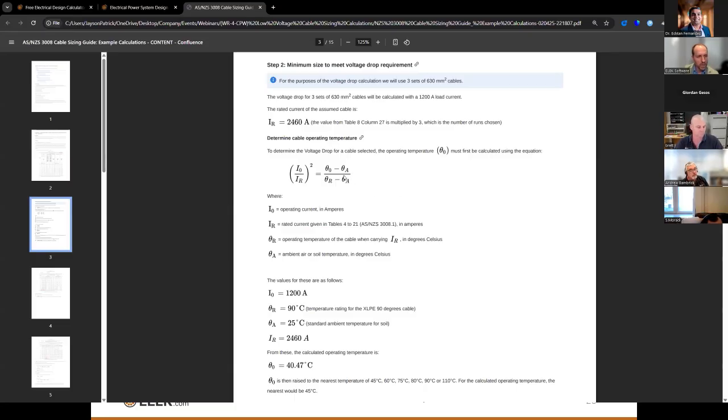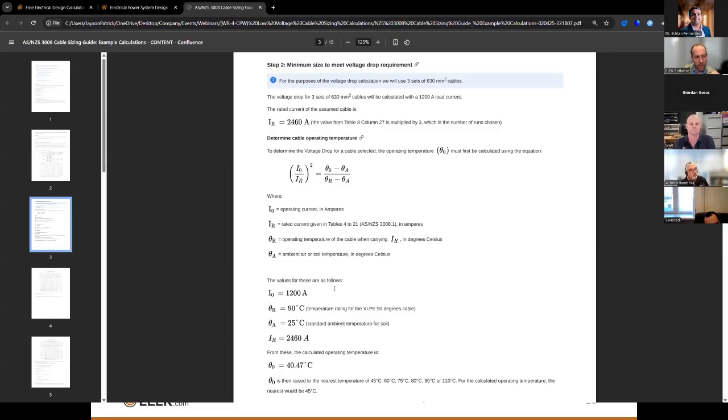We need to calculate the conductor operating temperature, because we will need that for our resistance. So here's the equation for conductor operating temperature. To calculate it, you need the operating current, and you also need the rated current of the circuit. So 3 sets of 630 square mil are rated at 2,460 amps.